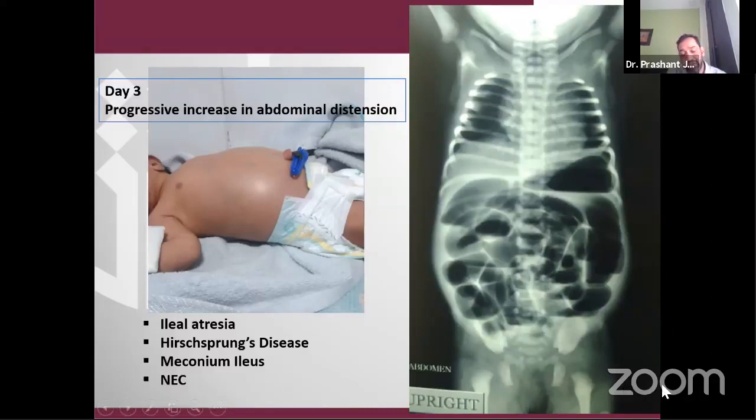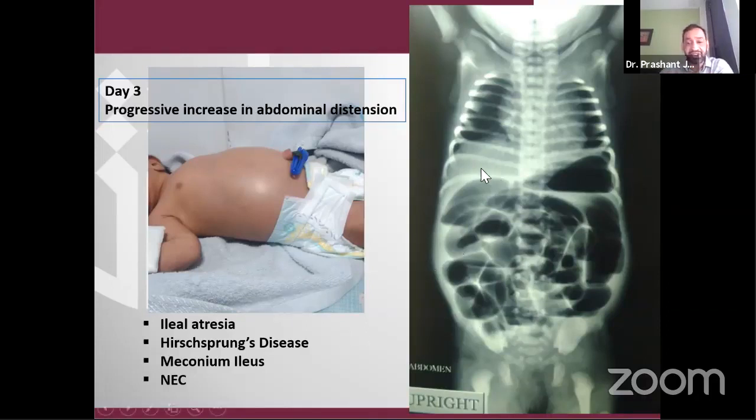One important point here I would like to highlight is that in newborn babies, you cannot differentiate between the small bowel and the large bowel, because the haustras of the colon are absent. So it is not possible to differentiate whether this is large bowel or small bowel.